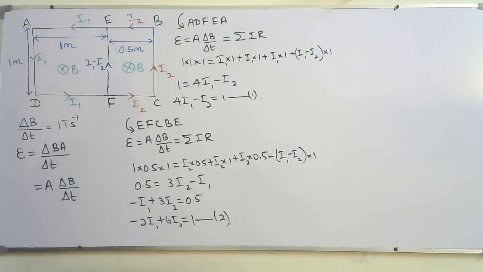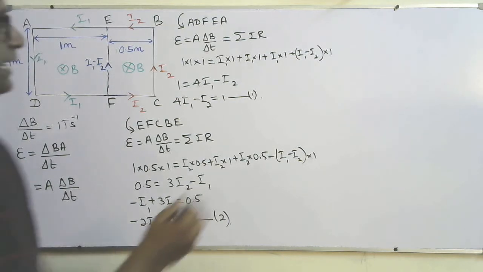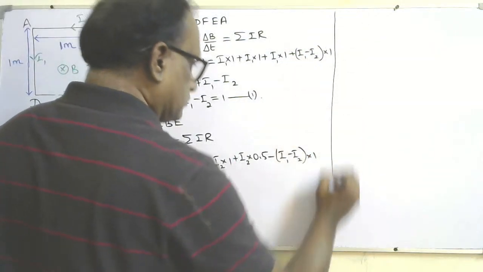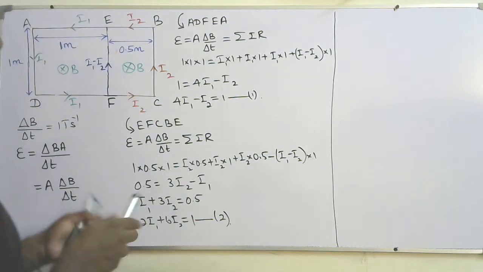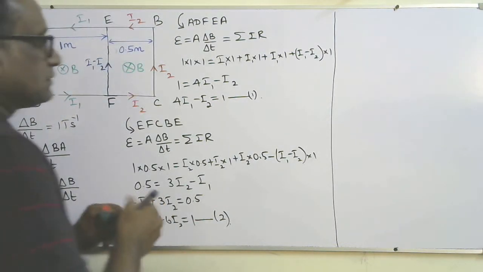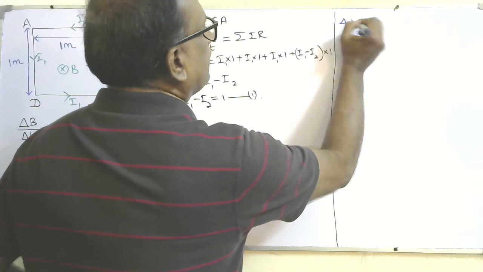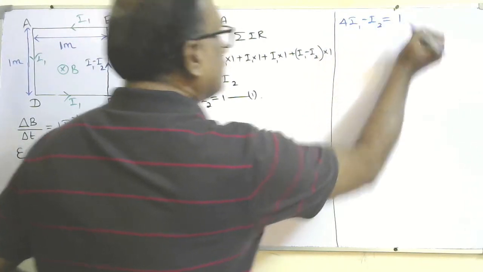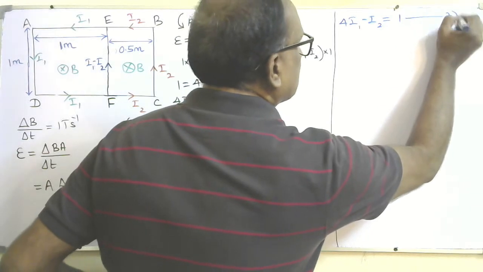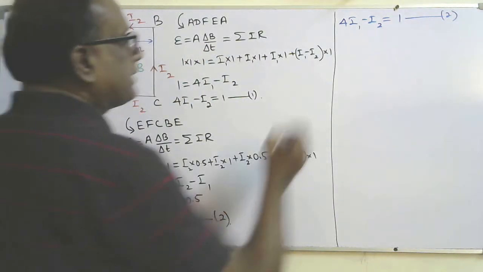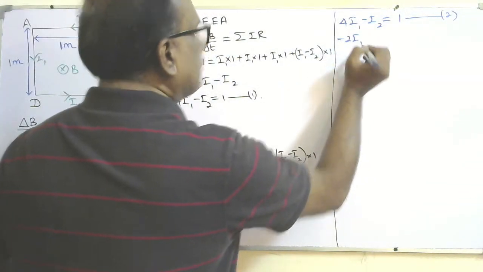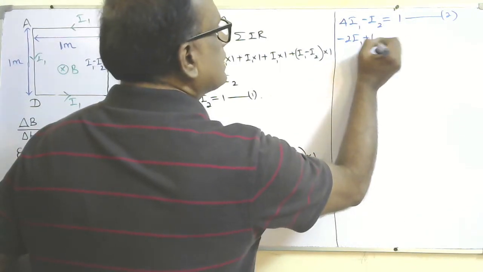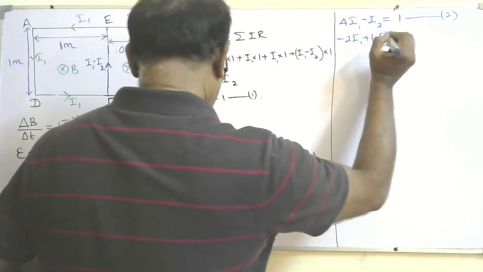Okay, so I need to solve only these two equations now. The first equation is 4I1 minus I2 equal 1. Second equation, minus 2I1 plus 6I2 equal 1.